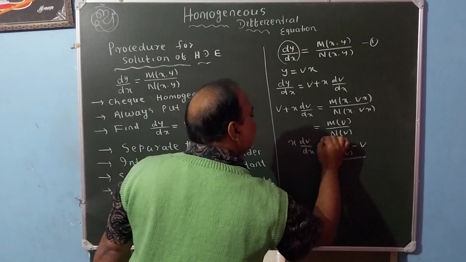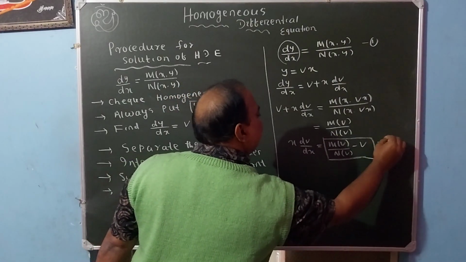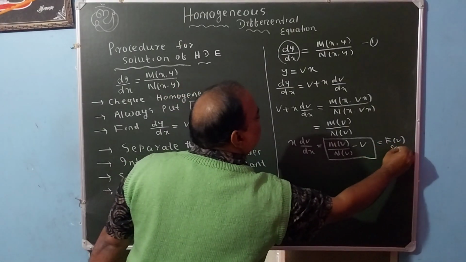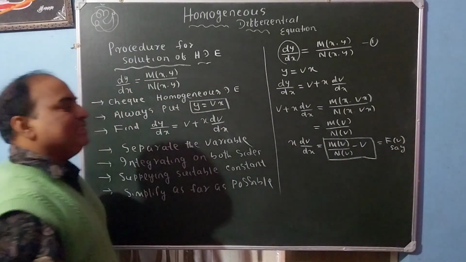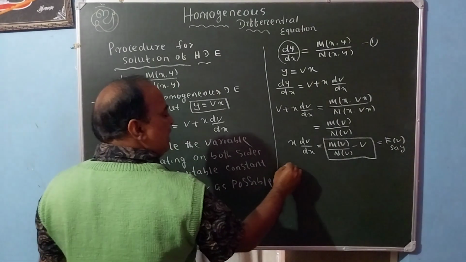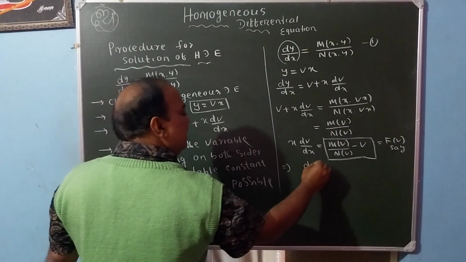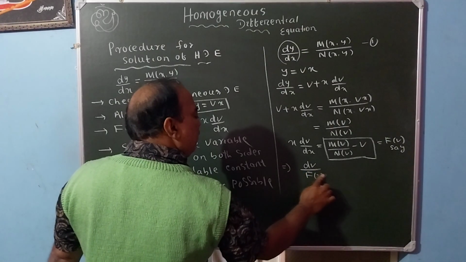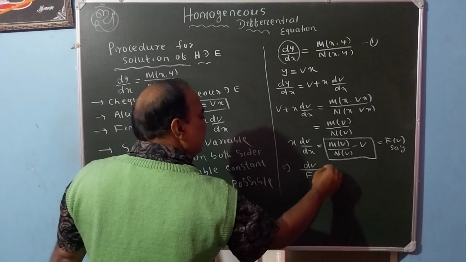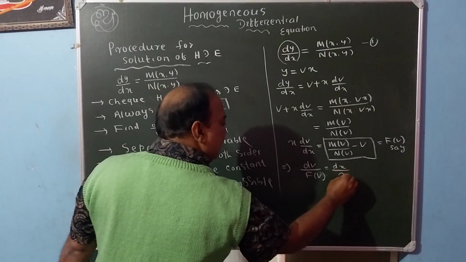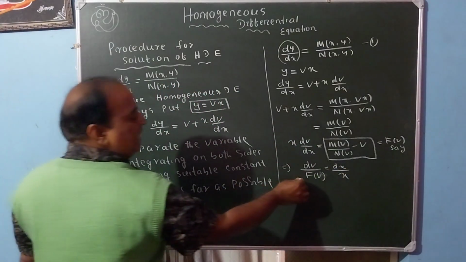So this is a function of v, say f(v). So next step, dv by f(v) is equal to dx by x. Variable separated.